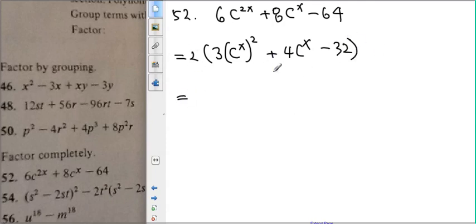Then how can we multiply the factors of 3 and the factors of 32 so that we'll get 4. So 3 basically means 1 and 3. 32 is 1 and 32, and 2 and 16, 4 and 8, and that's about it. Oh, wait a minute. 3 times 4 becomes 12, and 8 can subtract from it so that we can get 4.